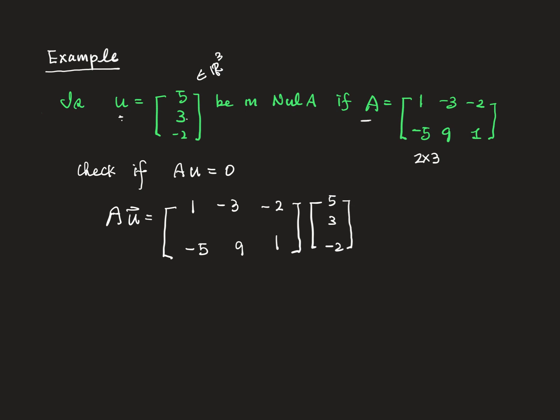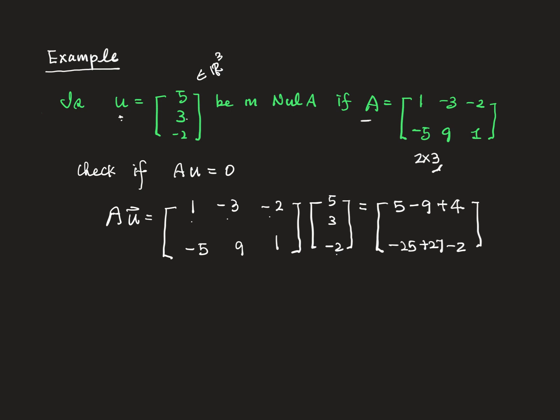Before we do the matrix multiplication, check it, guys: matrix A has 3 columns, and the u vector has 3 entries, so you can do the multiplication of the two matrices. Remember how multiplication works: 1 times 5, negative 3 times 3 is negative 9, negative 2 times negative 2 is plus 4. Second row: negative 25 plus 27, negative 2.